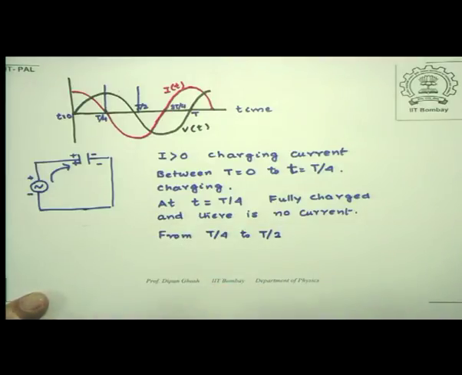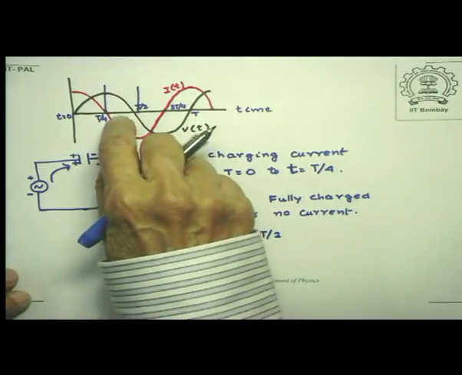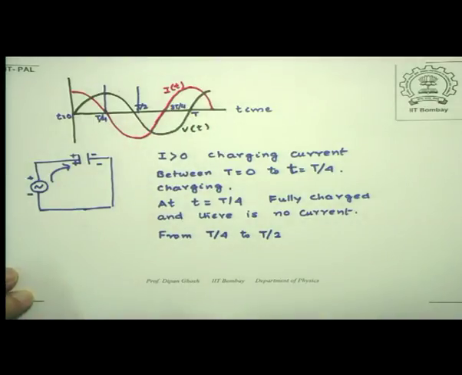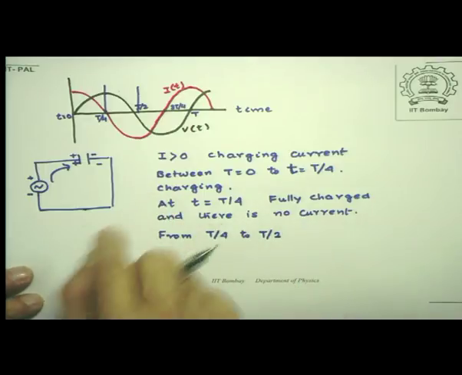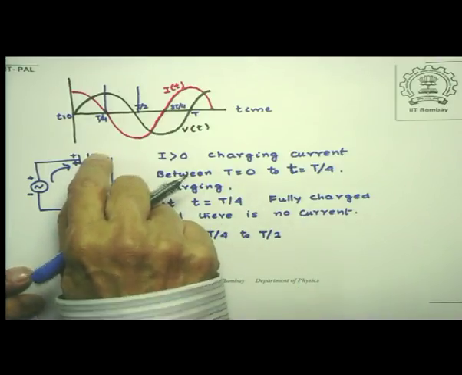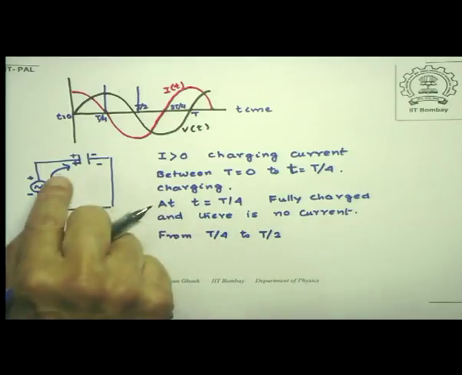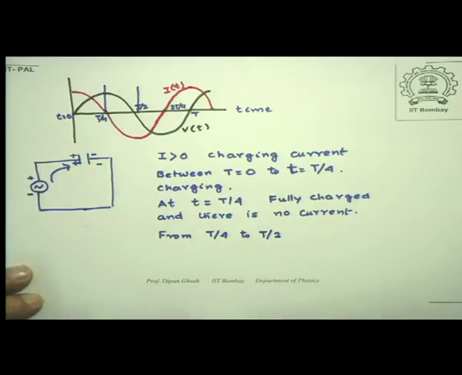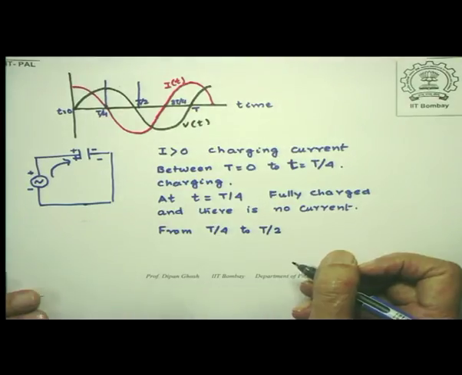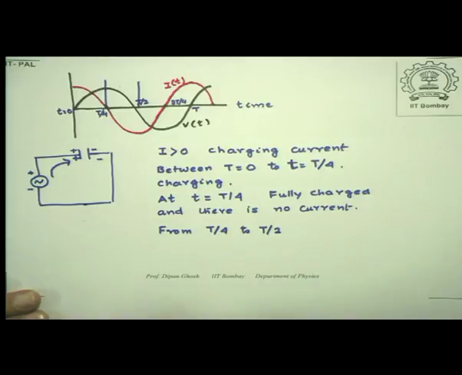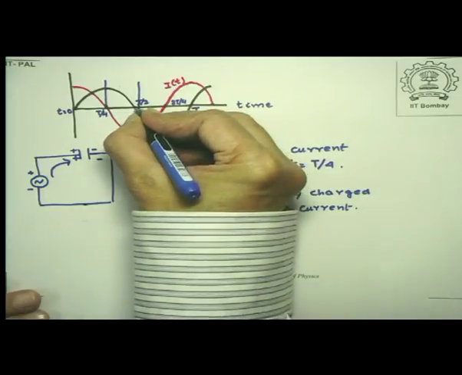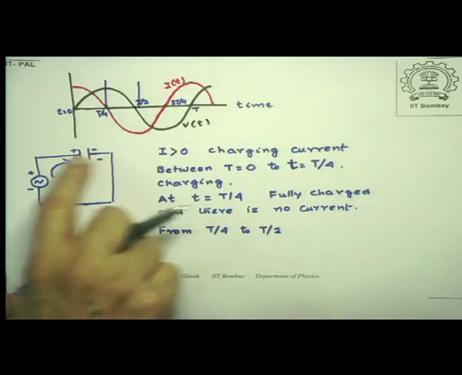So therefore the current still flows, but notice now the current will flow in the opposite direction, making the right hand side plate less negative than it was, and of course since the positive plate is depleting its charge, it will also become less positive. At the instant T by 2, for a brief instant at this point, the plates have been fully discharged.